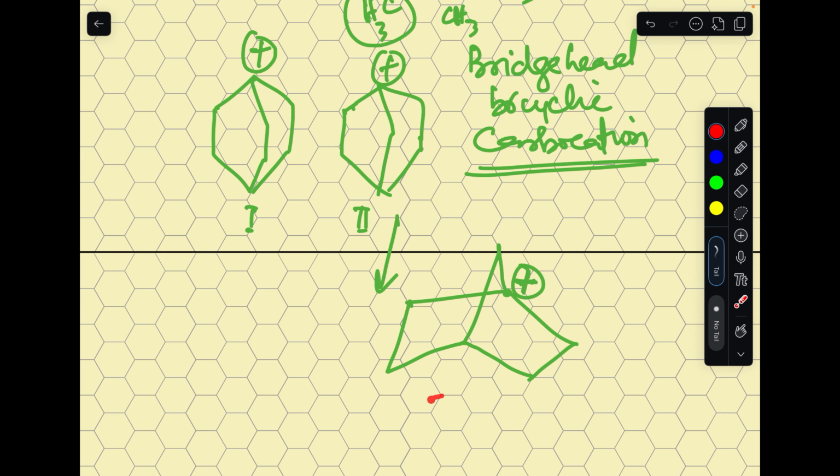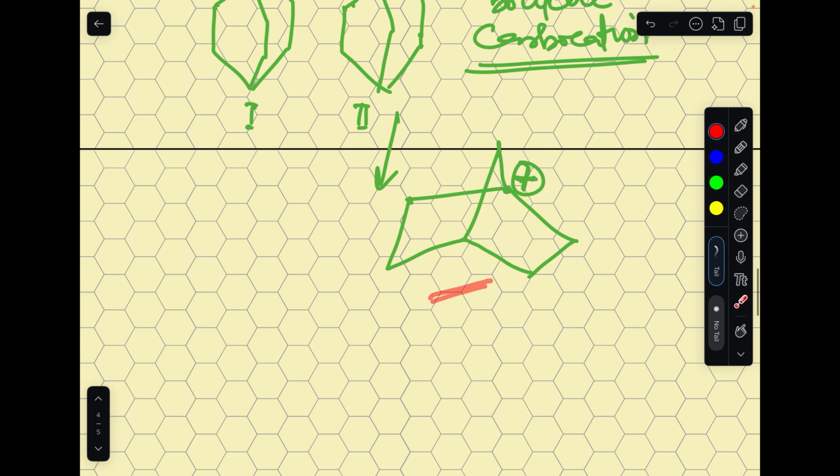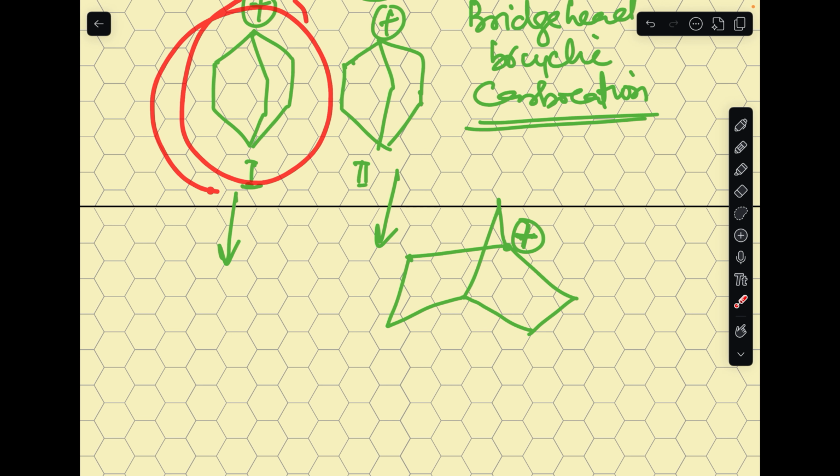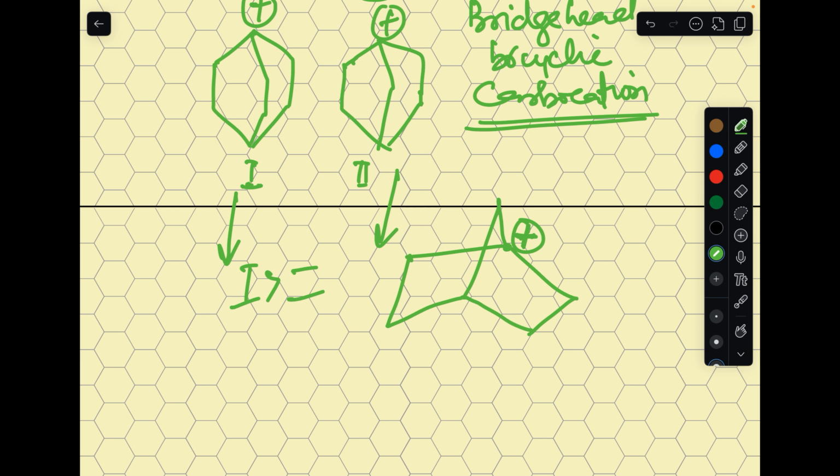That is why this carbocation becomes less stable. Whereas in case of this compound, it has 6 carbon atoms in the ring, so it has a greater ring size. This greater ring size provides more geometric flexibility, allowing the carbon to approach planarity. That means this first carbocation becomes more stable than the second one.